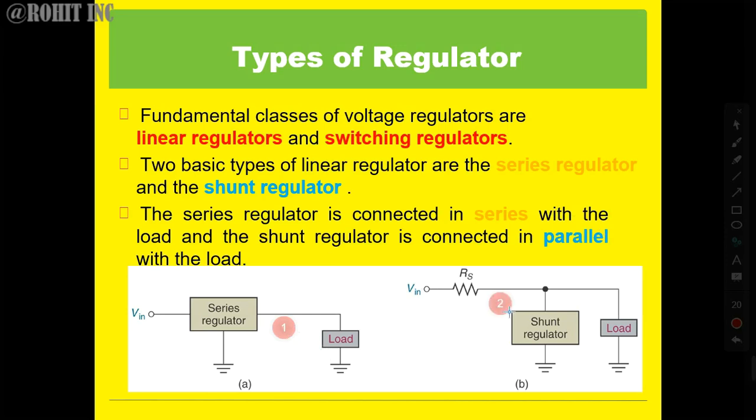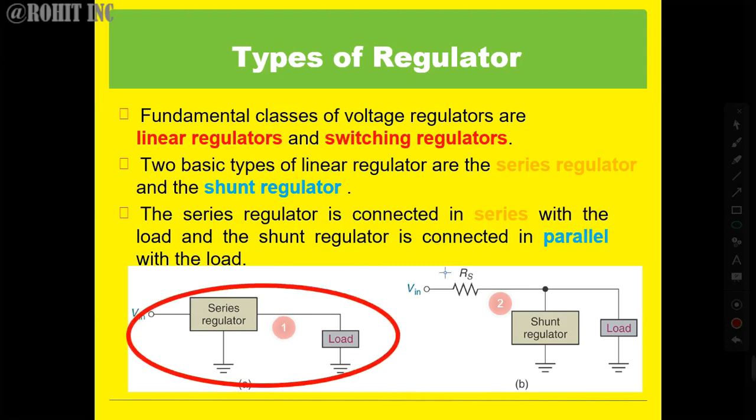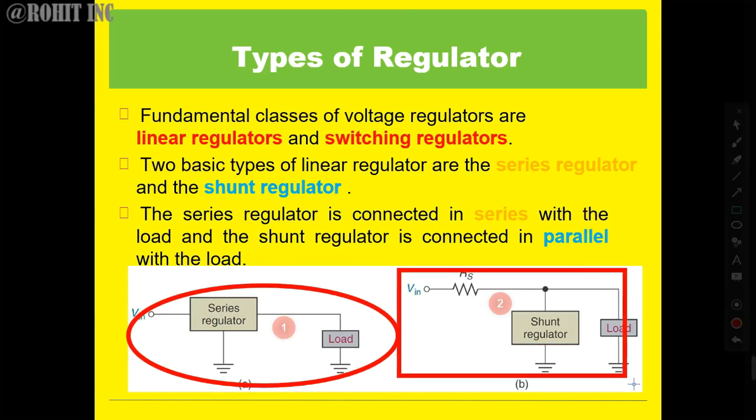This one is the second diagram, and here it is connected in shunt. So the first one is called a series regulator, and the second one is called a shunt regulator. Okay, you all might have got it.